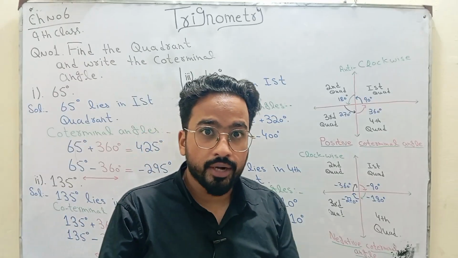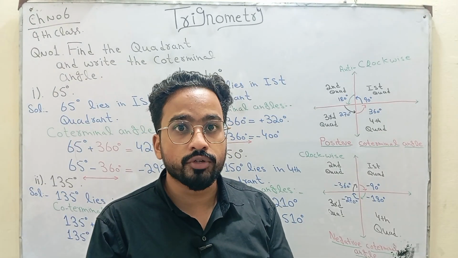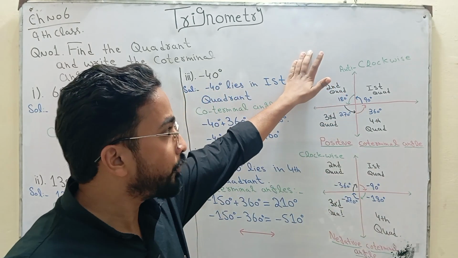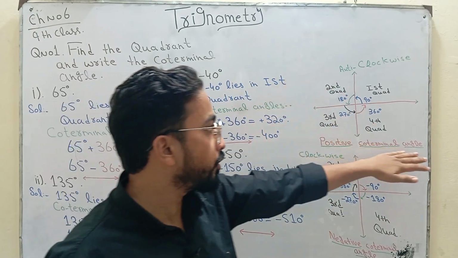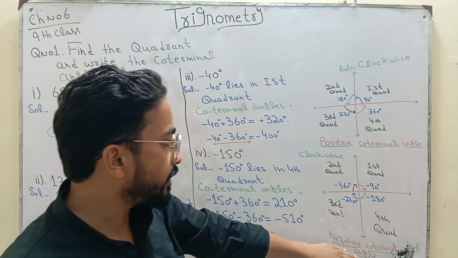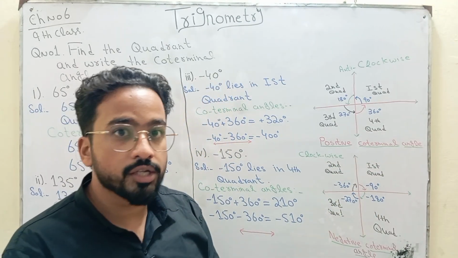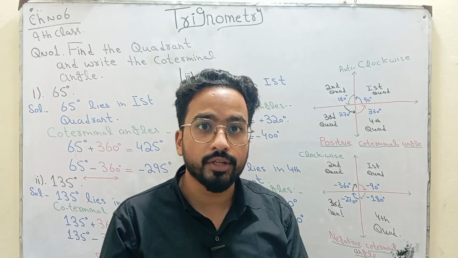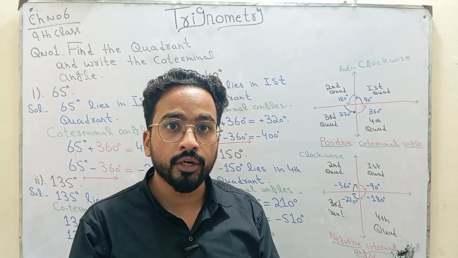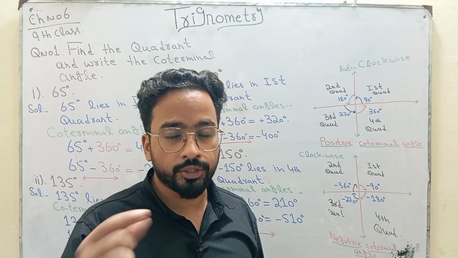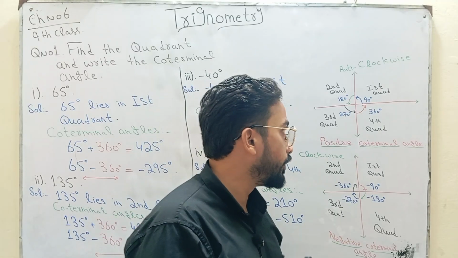The next thing is when the quadrant is positive or negative. Here are two figures. The first figure is a positive coterminal angle and the second figure is a negative coterminal angle. We have already discussed coterminal angles in the previous lecture, so I will not repeat it, but I will touch on it a little in this video.